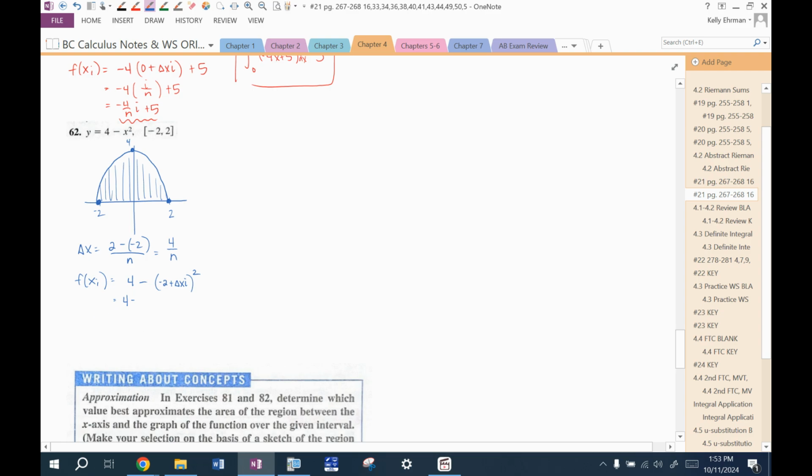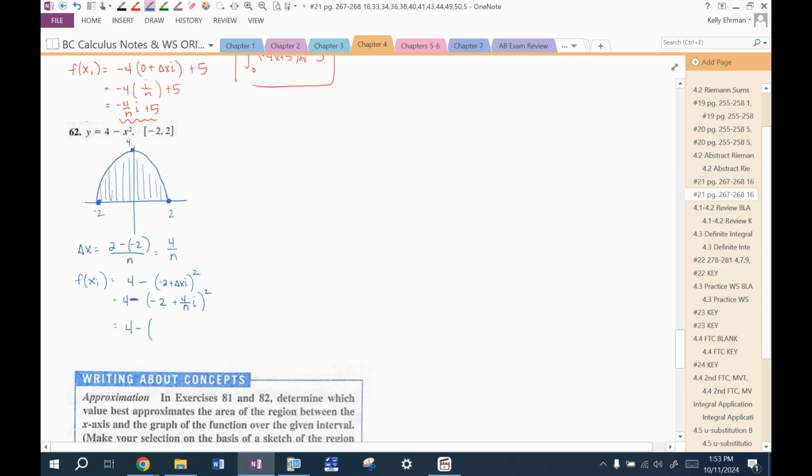I always do this algebra off to the side because I don't want to have to keep rewriting my limit and summation notation. So when I square this binomial, I get 4 minus 4. Oh, sorry. I don't want to square it yet. I haven't replaced this stuff yet. Try that again. So 4 minus negative 2 plus 4 over n times i, squared.